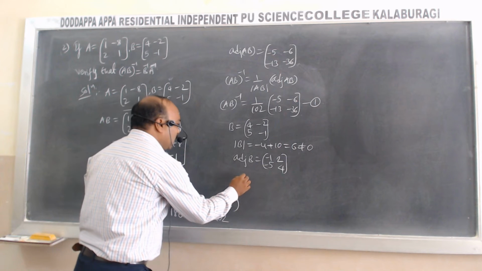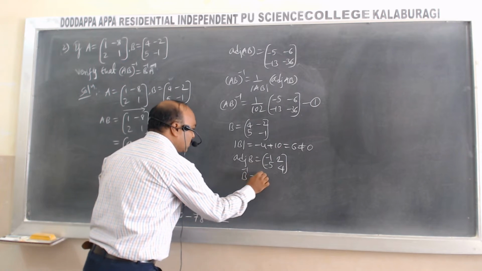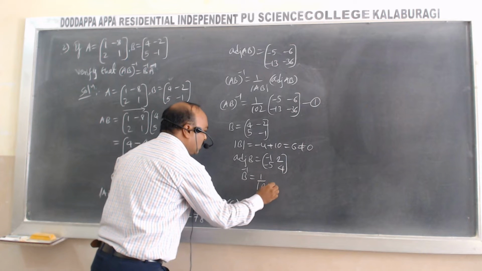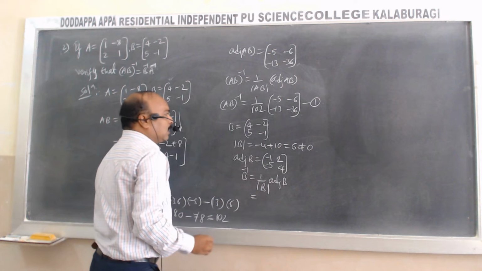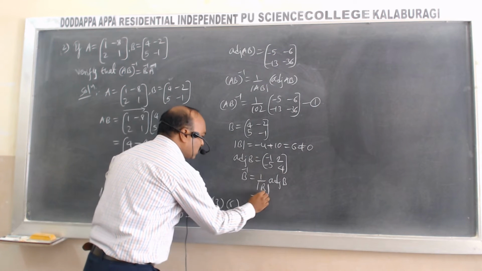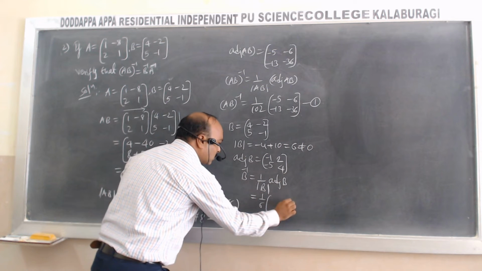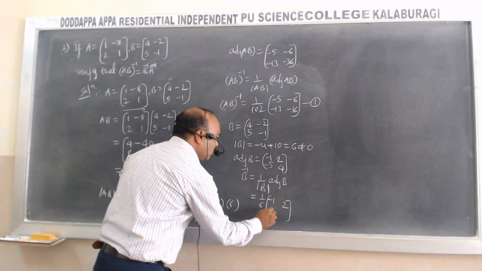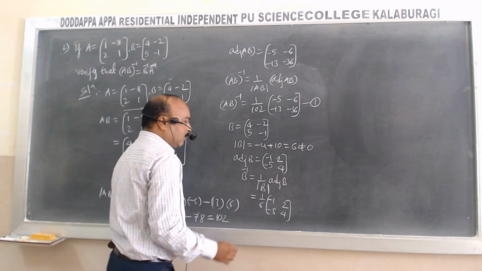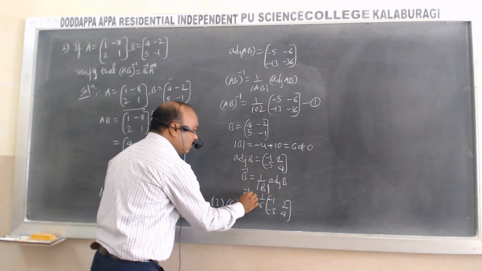Then we find B inverse. B inverse is given by 1 by determinant of B into adjoint of B. Here determinant of B is 6. We get 1 by 6 into adjoint of B, [-1 2; -5 4]. It is B inverse.